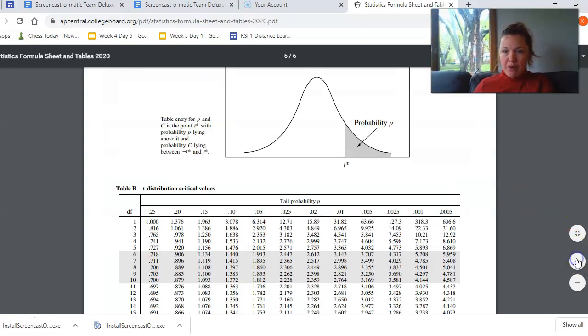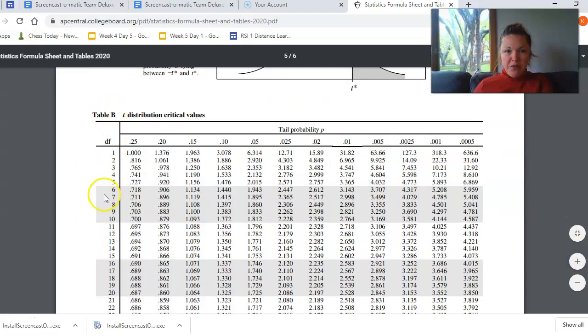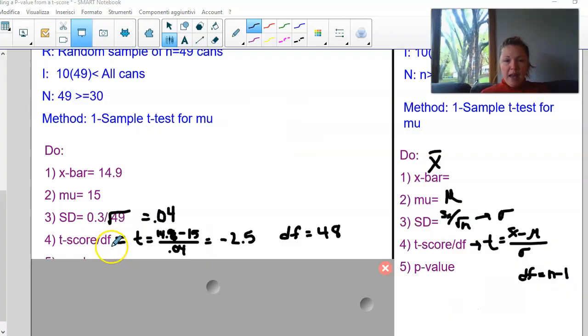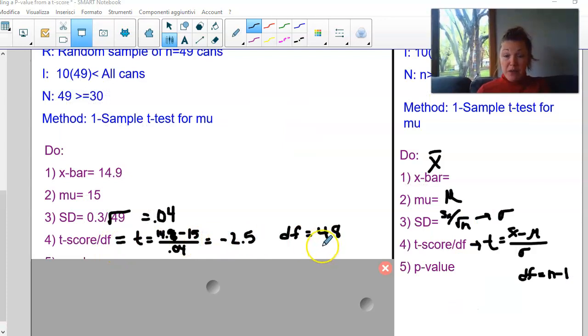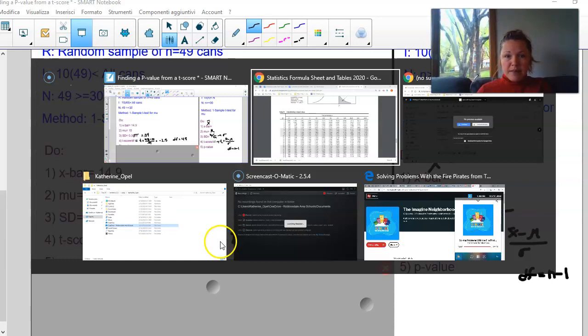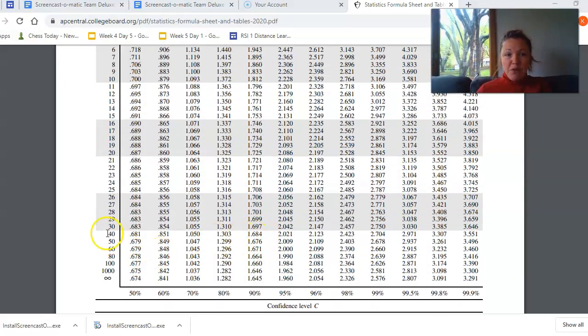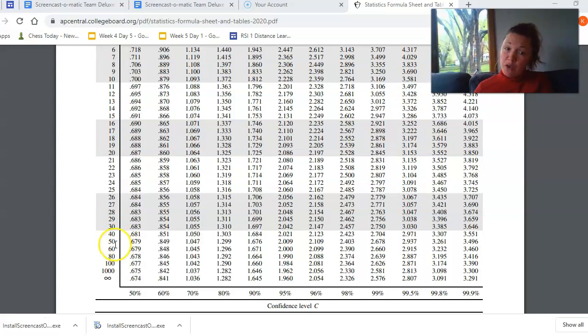We're at table B, okay? So I have my degrees of freedom over here on the side. And if I go back to what I have, my degrees of freedom are 48, okay? So give me a second. If you notice, 48 is not there. So what we have to do is we have to round down to the nearest one on the table. So even though 48 is closer to 50, we're conservative in our estimates, so we round down to 40.